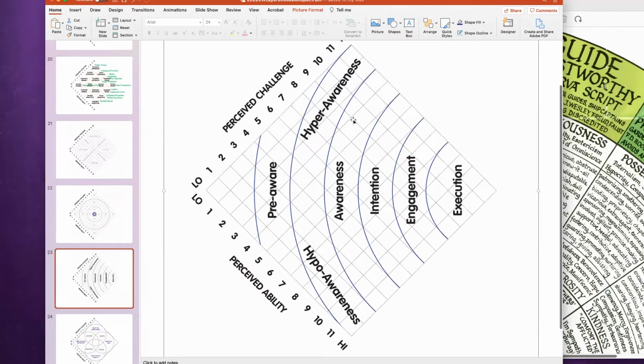Somewhere along here we'd have to figure out what's the limit. Maybe one type has a little bit of pre-awareness going on, so we could spread it out to the borders at 2. So it's got to be ability above a 2, challenge above a 2, or what's this transaction really all about? Or is it 3 and 3? Where does the scope actually overlay? So we'll have to look at that.